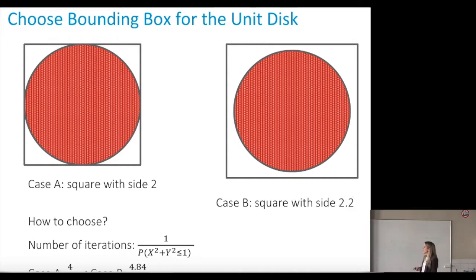Therefore, in the second case, where we chose the larger bounding box, the number of iterations is higher. So it is expected that in the first case, the rejection sampling will give us a random sample uniformly distributed in the area of interest faster. So it's more efficient to use the smallest bounding box.